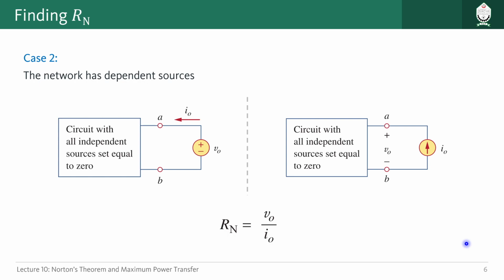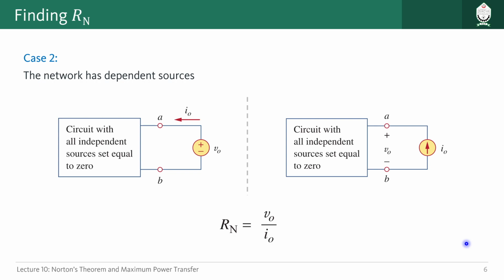So if we have dependent sources in the circuit with the other independent sources, we cannot exactly remove the dependent sources just like we did for independent sources for calculating the value of Rn. So what can we do for those cases? For those cases, first of all, we can remove the independent sources just like before, but for the dependent sources we have to keep them as they are.